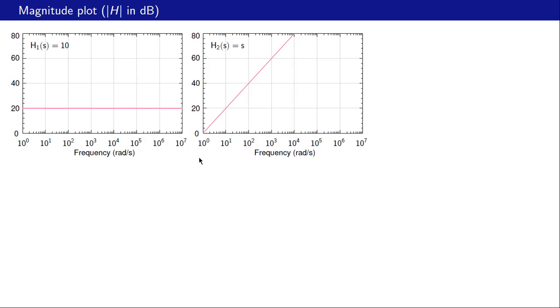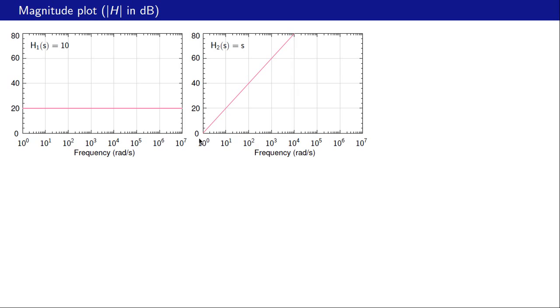Okay, next let us take h2, which is equal to s, and we have looked at this function before. So how do we plot this? We know that at omega equal to 1 the magnitude of h2 is 1, which is 0 dB. That is this point here, omega equal to 1 or 10 raised to 0, and h is 0 dB.